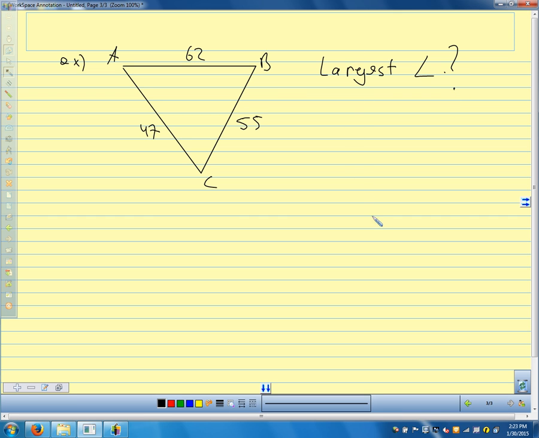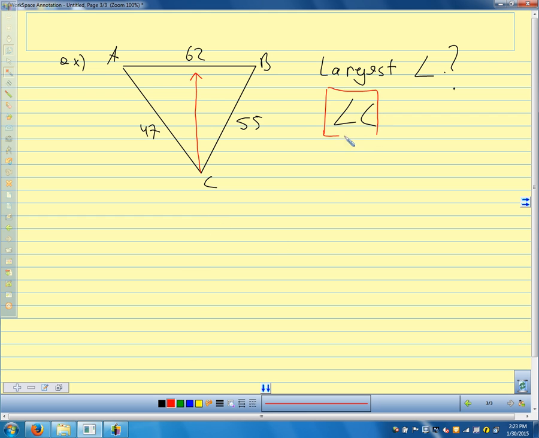What do you think, Carolyn? Angle C? This side is the biggest side, the longest side. Angle C is the biggest angle. And when we say across or opposite from, we mean directly across the triangle. So that would be our answer there.